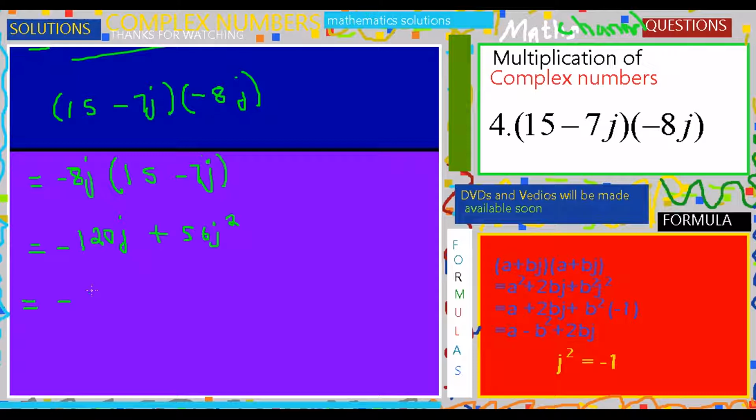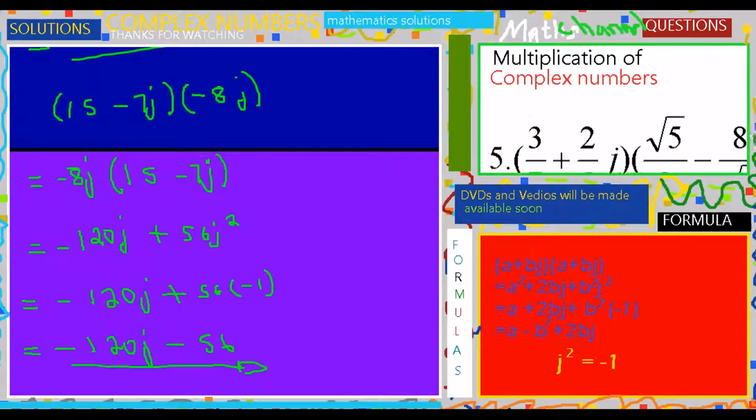Changing the j squared to negative 1, because j squared is negative 1, we have negative 120j negative 56. So this is the answer. Let's check the last one.